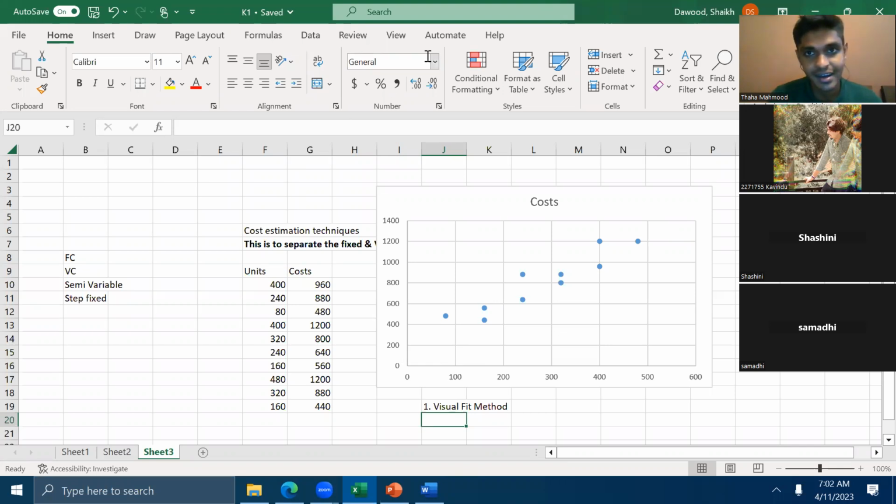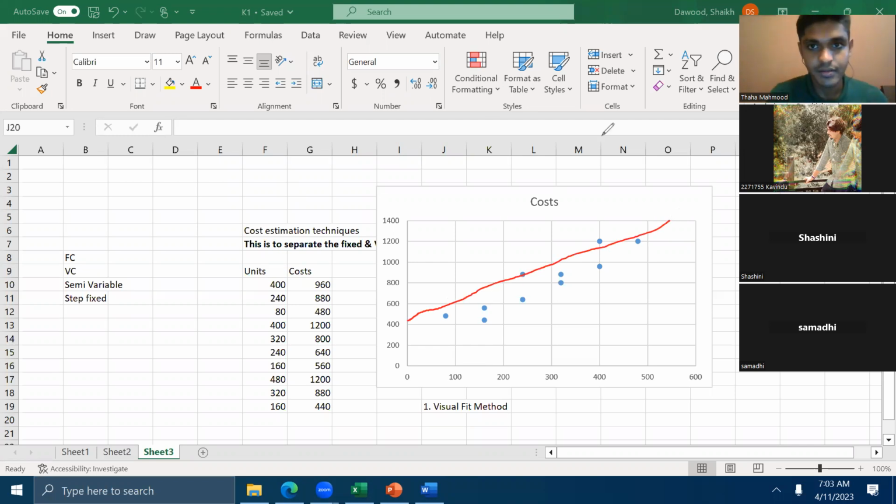So let's do it. We can draw a trend line like this. Let's say it's going like this. One more over here.